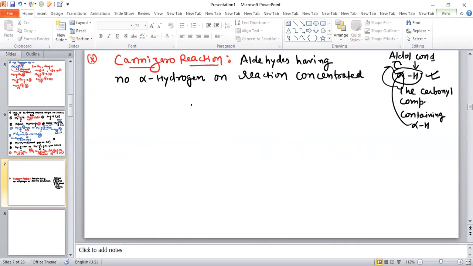In this case, basically a disproportionation reaction will occur.